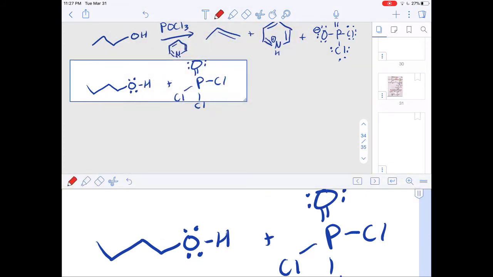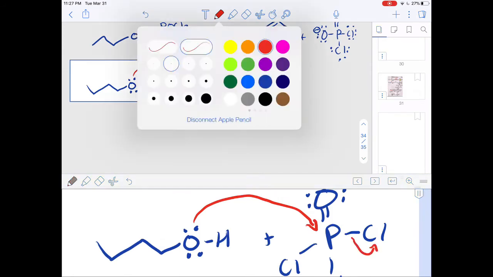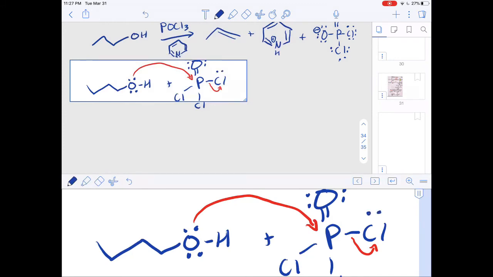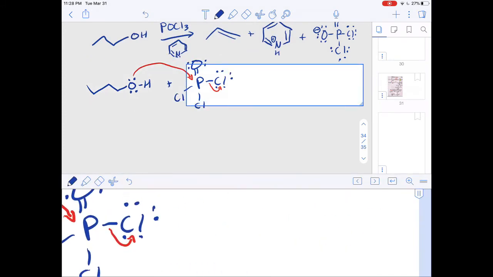So the first step, because the P in POCl3 is an electron acceptor, the electrons from your O of the OH are going to attack the P. However, P doesn't want any more bonds than it already has. So in making this new bond, it's going to kick out one of its Cls. So the Cl is going to take the electrons with it.